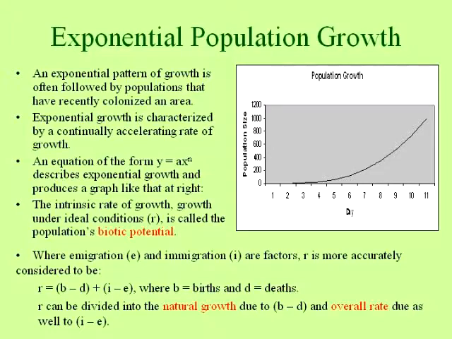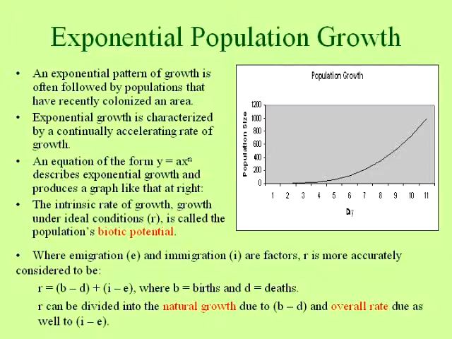If we have individuals moving in and out of a population, that's referred to as emigration and immigration. And so we can also consider that in our calculation of R, where individuals that leave are subtracted from individuals entering a population.